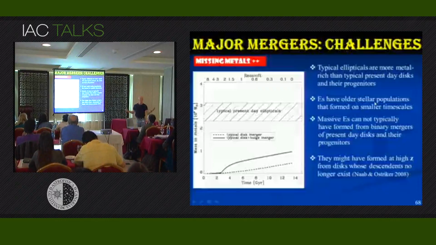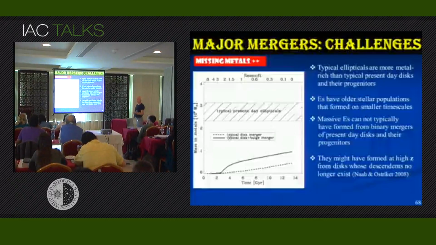There are problems, however, for example, with missing metals. The problem is, of course, that the typical ellipticals are more metal-rich than if you assume that they come as a result of the two disk mergers.